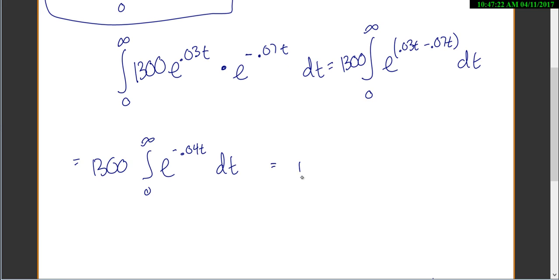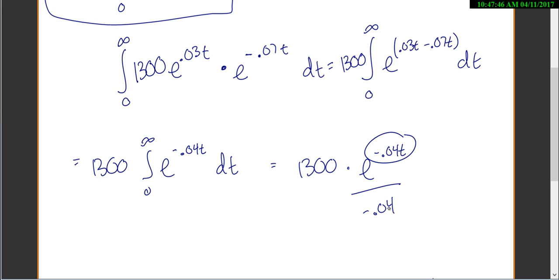So now we need to integrate. Okay, I keep doing this. We're integrating now, so I don't need to write my sign anymore. So when you do the integral of an e to something, you keep the power the same, but you divide by the derivative of whatever's up here. So divide by our negative 0.04. And that's for your simple problems.